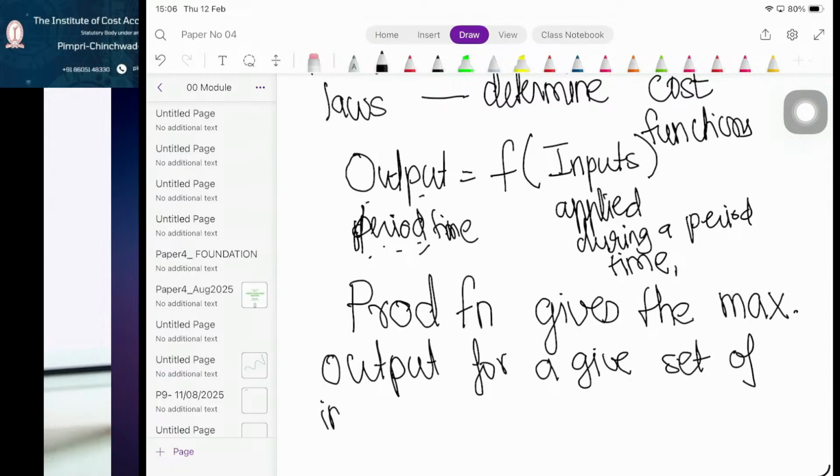Okay, in this, the word maximum is very important. That is, production function gives the maximum output for a given set of inputs. Okay, fine. Have you got this idea?